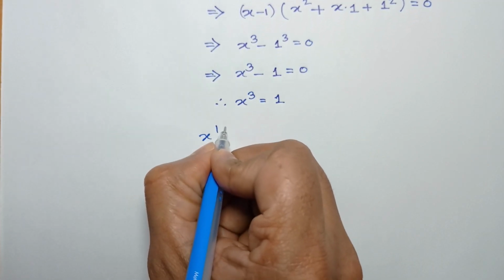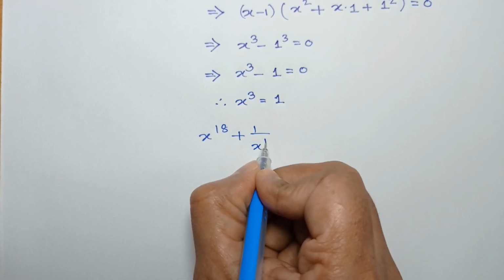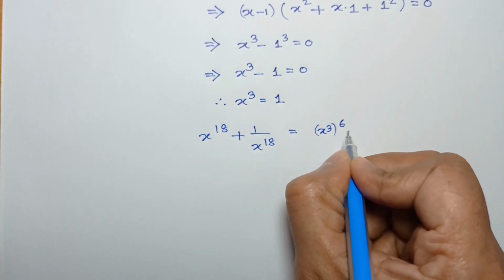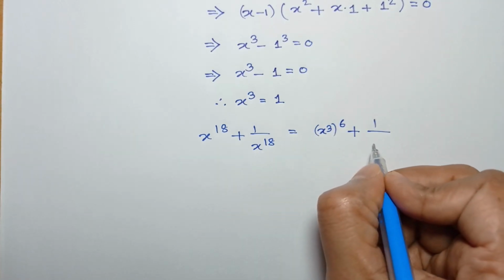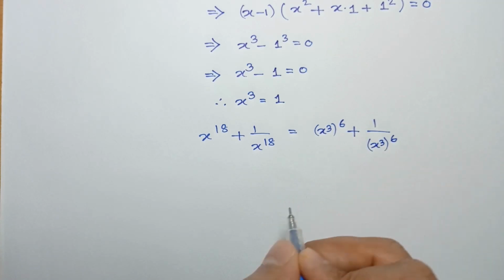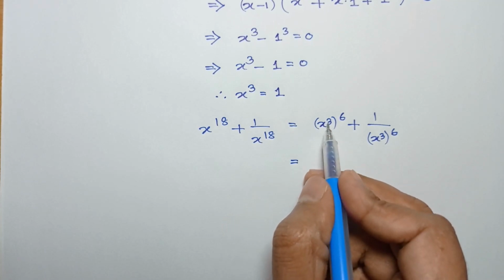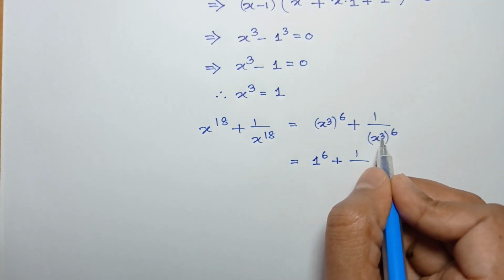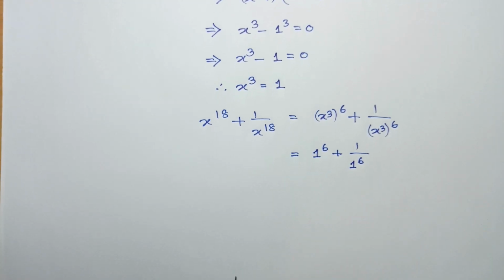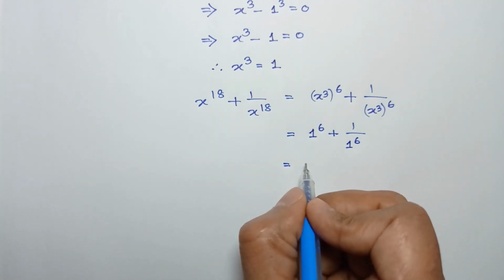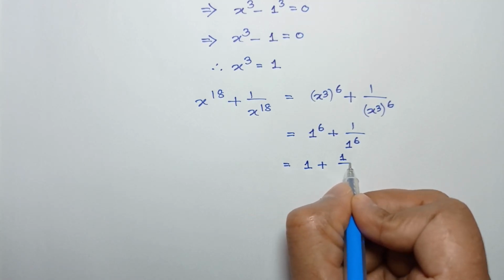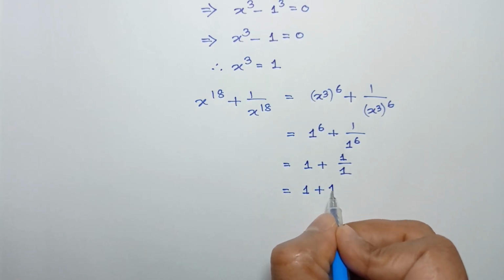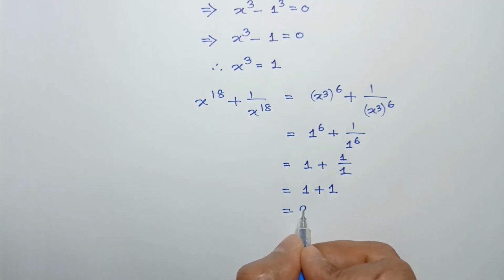Now x to the power 18 plus 1 over x to the power 18 is equal to, x to the power 18 can be written as x cube whole to the power 6, plus 1 over this x to the power 18 is x cube whole to the power 6, is equal to, substituting the value of x cube is 1, we can write 1 to the power 6 plus 1 over x cube is 1 to the power 6, is equal to 1 to the power 6 is 1 plus 1 over 1 to the power 6 is 1, is equal to 1 plus 1 over 1 is 1, is equal to 1 plus 1 is 2.